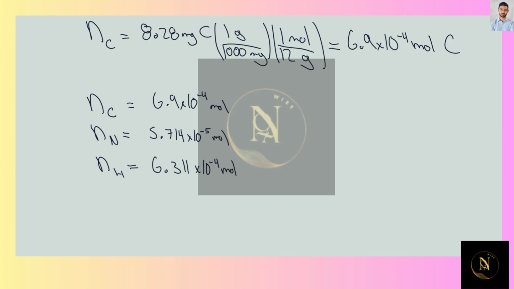Now we're going to divide each of them by the lowest quantity. So in this case, the lowest value is going to be, let's put over here the operation. We're going to divide by 5.714 times 10 to the minus 5. And this is going to give us the ratios. For nitrogen, we're going to get 1 directly. For carbon, we're going to get 12.